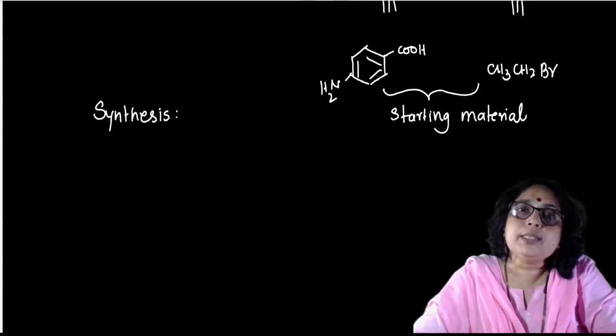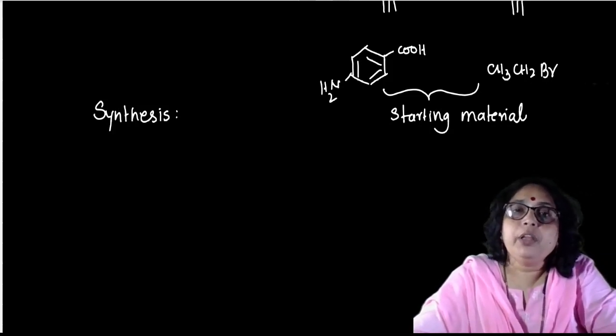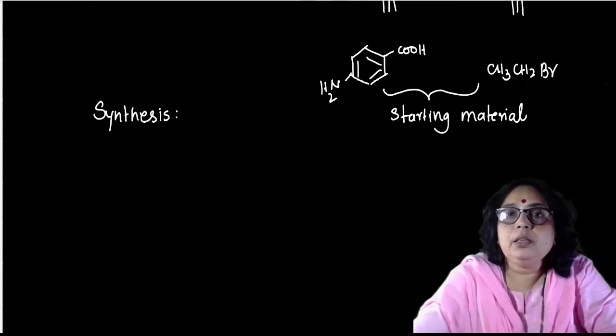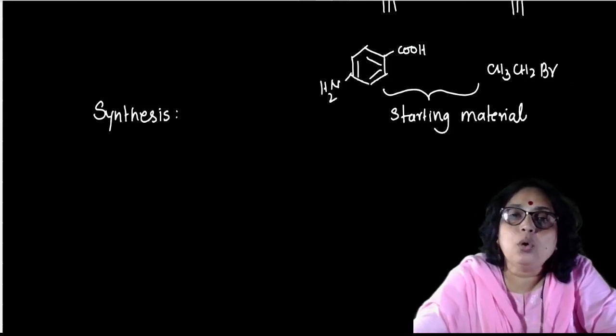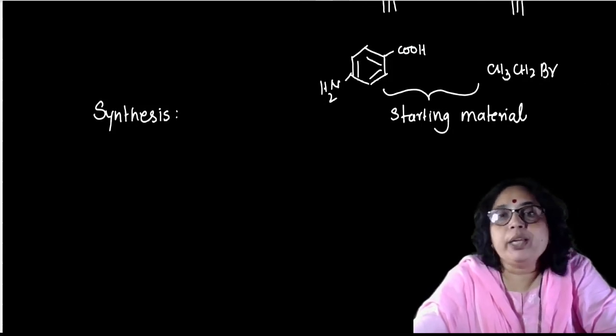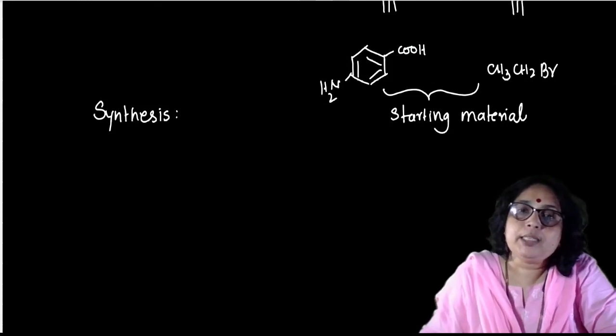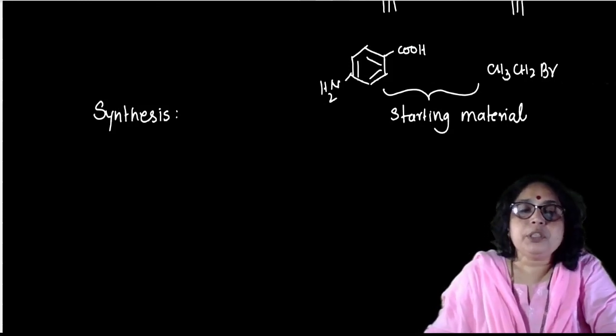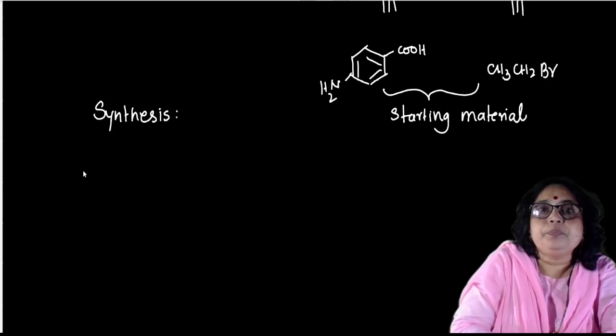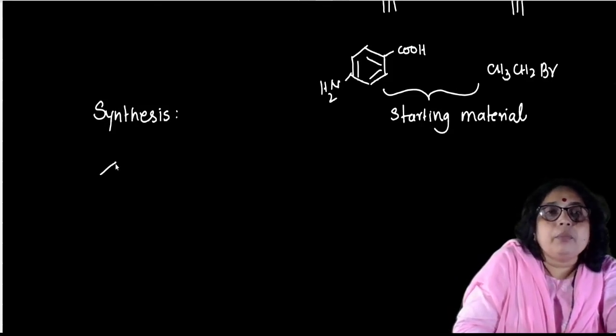Now here in the synthesis, we know that if we take the carboxylic acid and the alcohol, you can get the esters. So we can synthesize the esters from carboxylic acids and alcohols. Let us see the synthesis of the ester first, and then we will carry out the formation of the secondary amines.